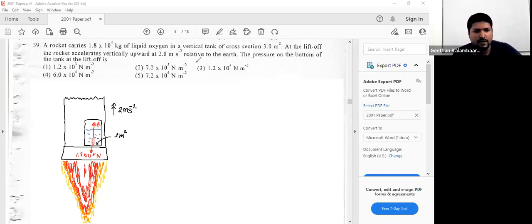So in order to find it out, we have to find the normal reaction force given by the tank on the liquid oxygen, right? So in order to find this out, we have to apply F equals ma. We're applying F equals ma upwards to the oxygen.